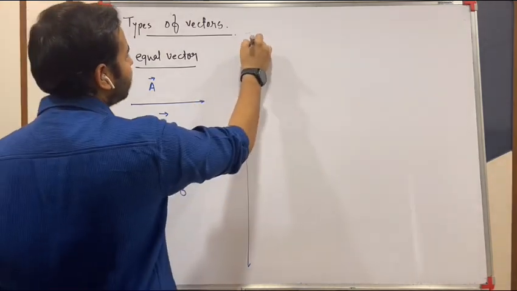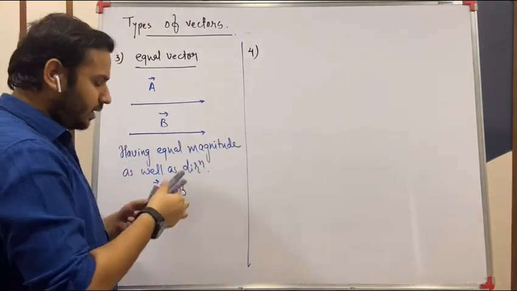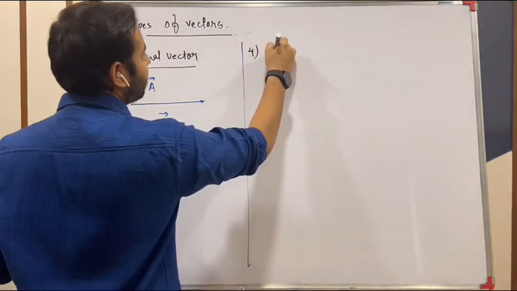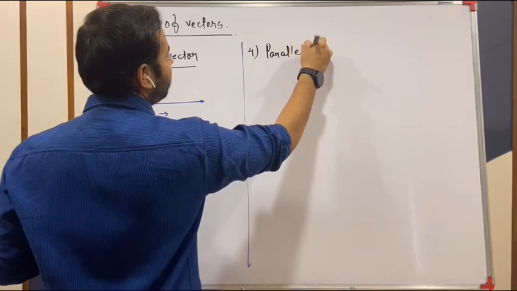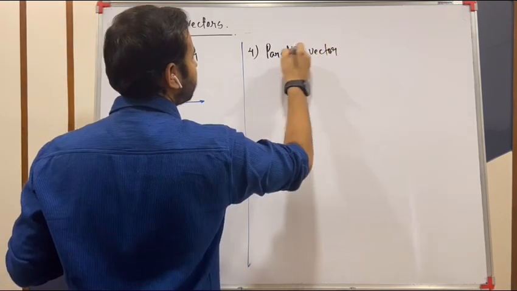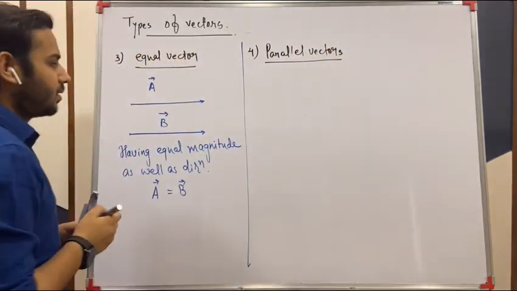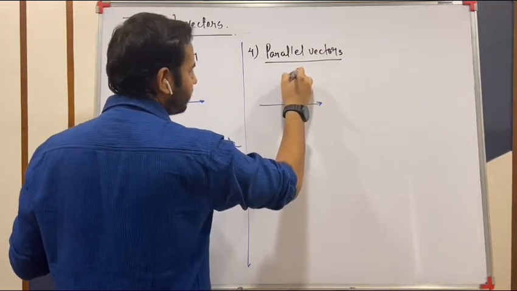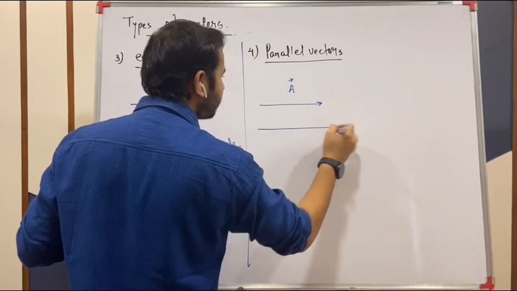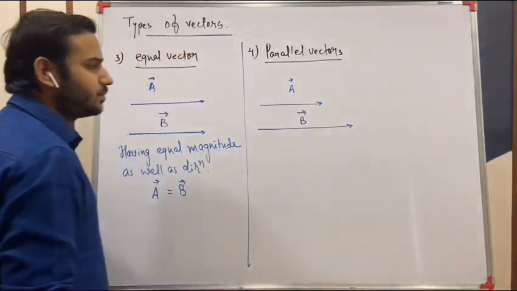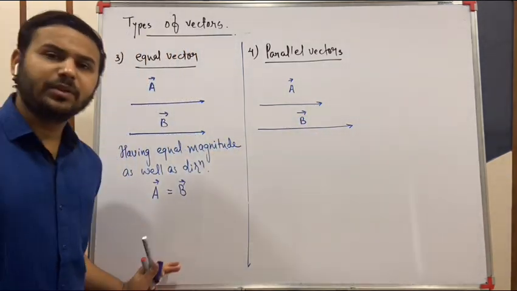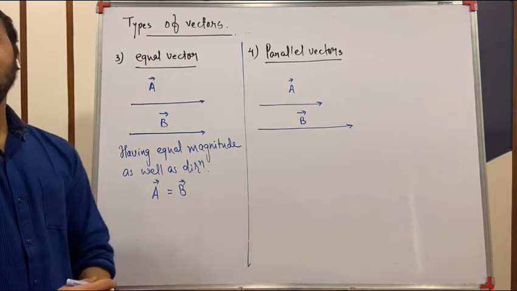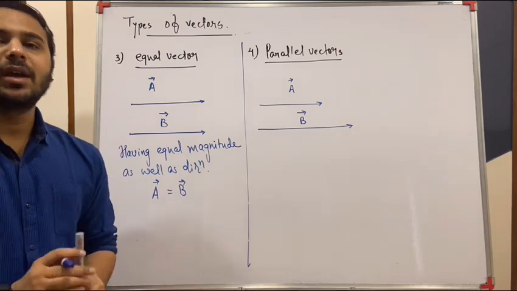Now the fourth type of vector is parallel vectors. This is vector A, this is vector B. See the difference between these two diagrams. In the first diagram, both vectors have the same direction as well as the same magnitude.